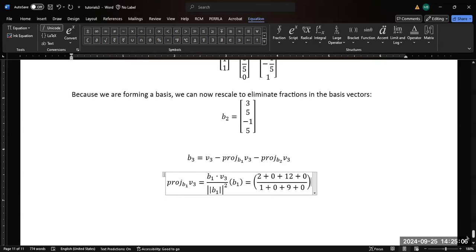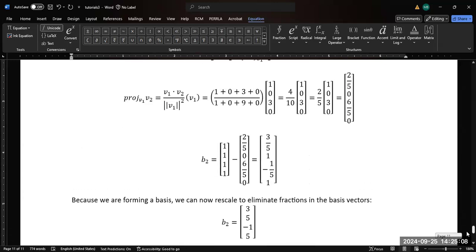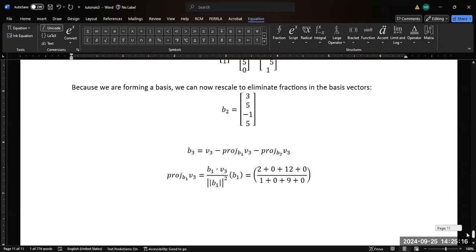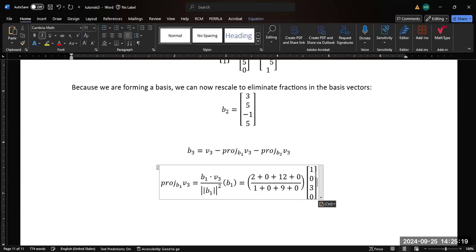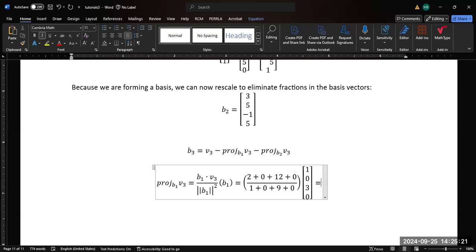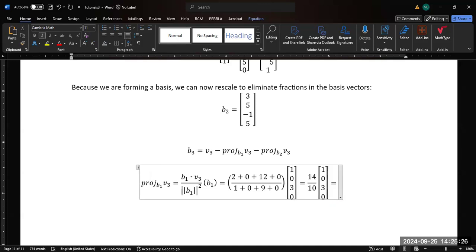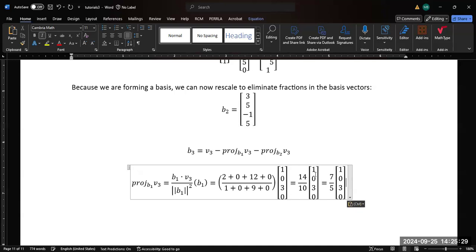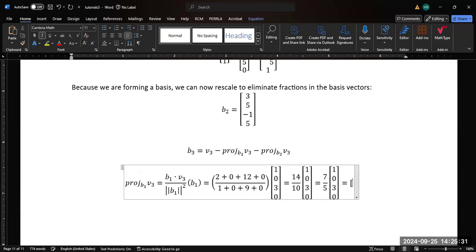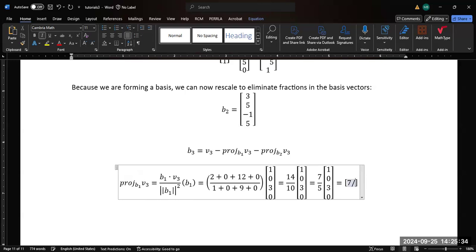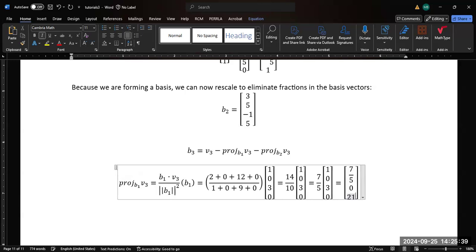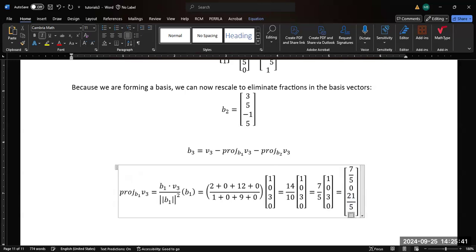And then we're going to multiply that by our B1 vector. And if we simplify, we get 14 over 10, which is going to be 7 over 5, or 7 over 5 and 0 and 21 over 5 and 0.